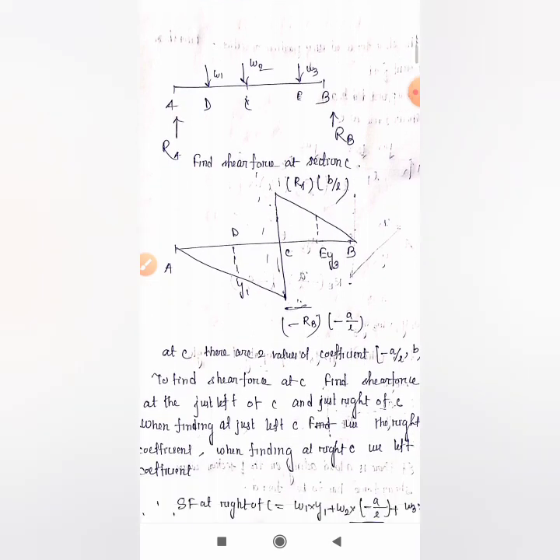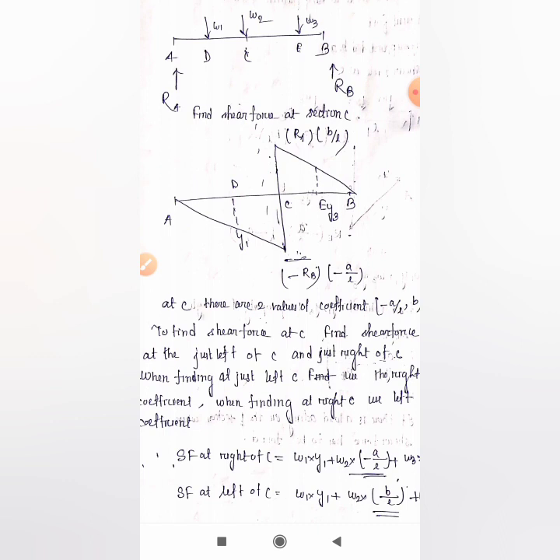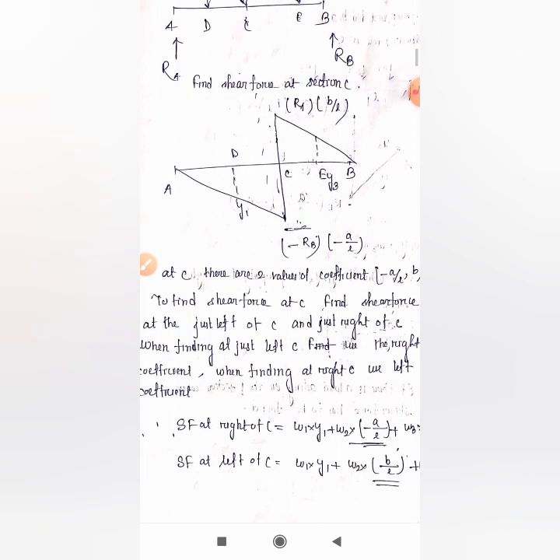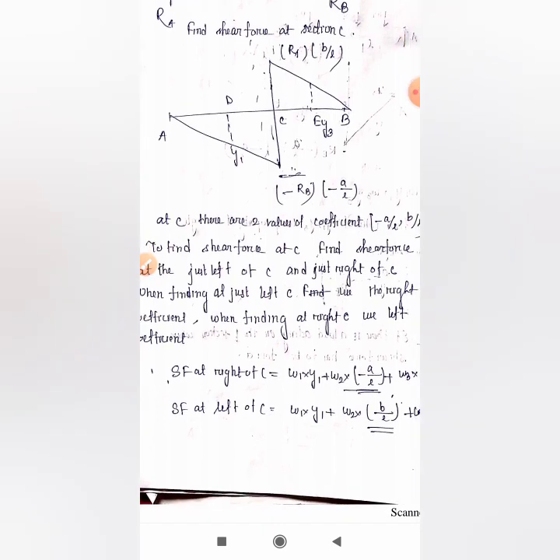Here we have to consider two cases again. That is, we have to find the value of shear force at just left of section C and at just right of section C. Now for that we have to know the value of the force at section C. In the previous video we discussed how we proved the values.